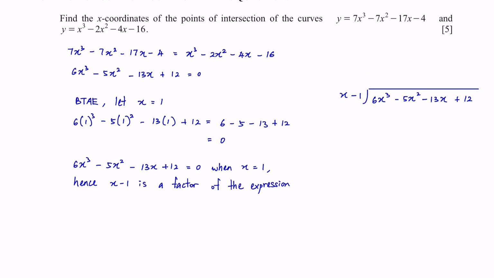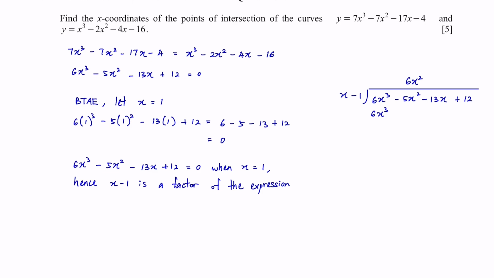So first step, how do we find 6x cubed? So we need a 6x squared times x to get 6x cubed, right? So 6x squared is the first term that we need.